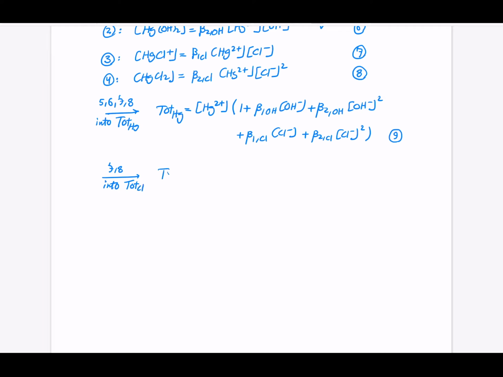So what happens is basically total Cl is Cl minus times 1 plus beta 1 Cl Hg2 plus, sorry, this is not H plus, this is Hg2 plus, plus 2 times beta 2 Cl Hg2 plus times Cl minus.